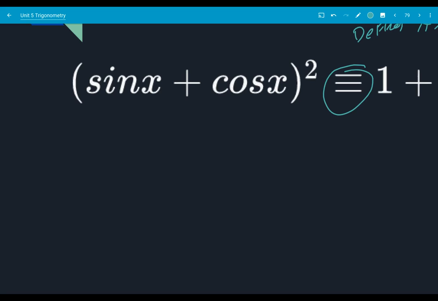It's a binomial squared, so I'm going to have to FOIL it out. So I'm going to end up with sine squared plus 2 sine cosine plus cosine squared. You will find that as I work stuff, and you are allowed to do this too, I will drop the variable just to make things easier.